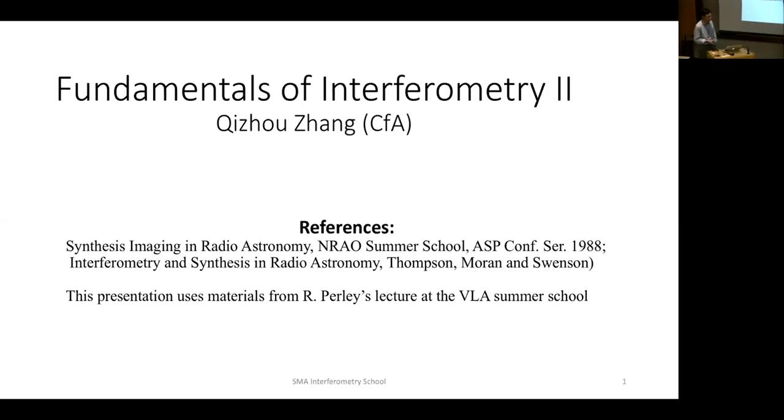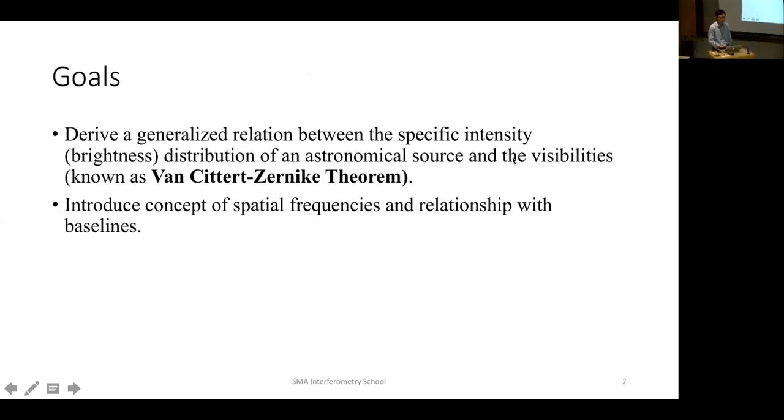Okay, so the goal of this lecture is really to derive a general relation between the specific intensities of an astronomical source, sometimes we interchange the terms brightness distribution in the sky, and the visibilities that we measure with an interferometer.